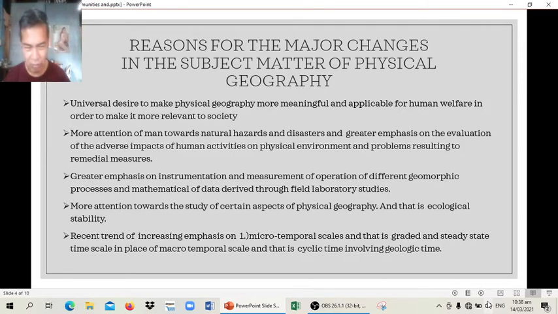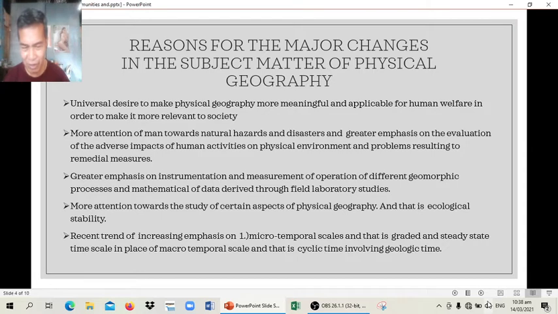Recent trend of increasing emphasis on microtemporal scales, and that is the graded and steady state time scale, in place of the macrotemporal scale, and that is the cyclic time involving geologic time.